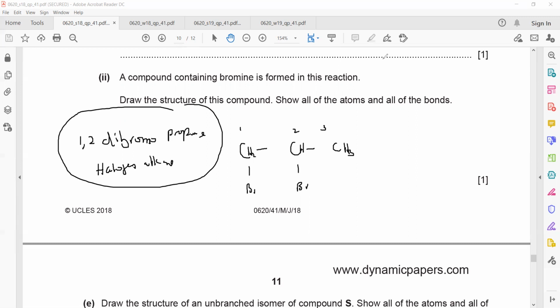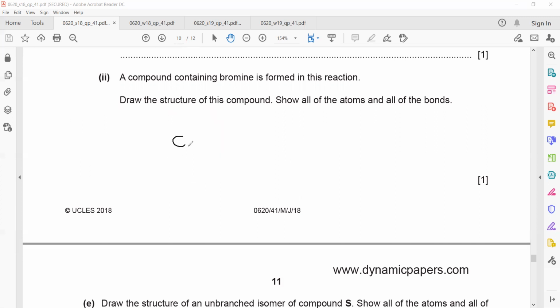So the number of halogens attached may vary, but all of them are known as halogen alkanes. Like here, if I write CH3Cl, then I write CH2Cl2, then I write CHCl3, they all are halogen alkanes because they contain halogen and a carbon single bond.